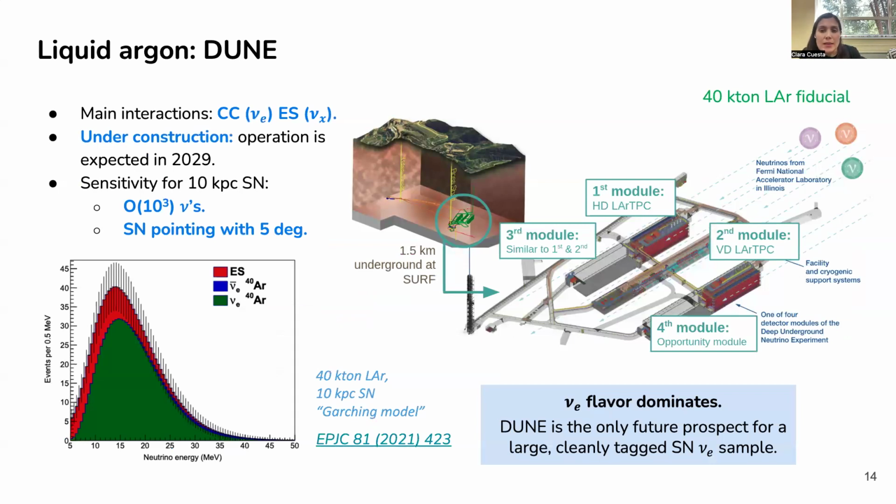So this will provide valuable and unique information about the neutronization burst. An advantage of DUNE is that it can reconstruct the tracks of the interaction, and it's sensitive to the electron scattering also. So it provides information on pointing with a resolution of a few degrees.